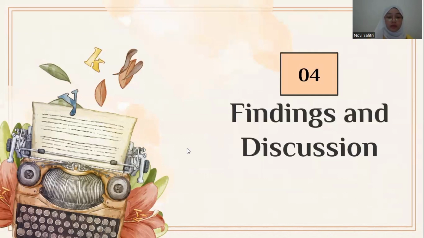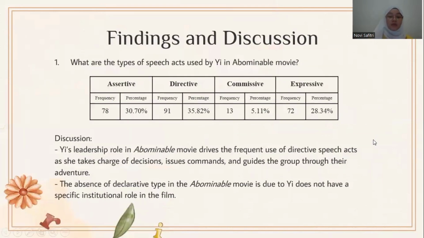And we are moving to the main parts of this presentation, which is findings and discussion. But the first question is about the types of speech act used by Yi in the Abominable movie. The finding shows that there are 4 types of speech acts that Yi produced in the Abominable movie.